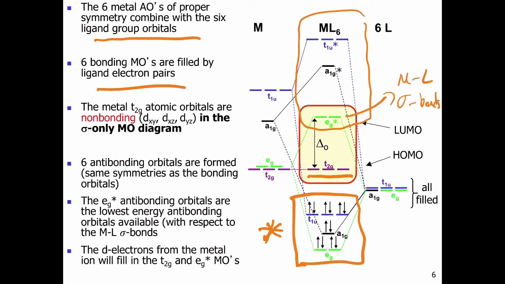And as you fill those, you can start to imagine in the octahedral geometry, as you're filling EG star with d electrons, you can start to rationalize why some electron configurations don't really favor octahedral structures, and the structures would rather distort to a different geometry or a lower order point group in order to accommodate the number of electrons that are available.